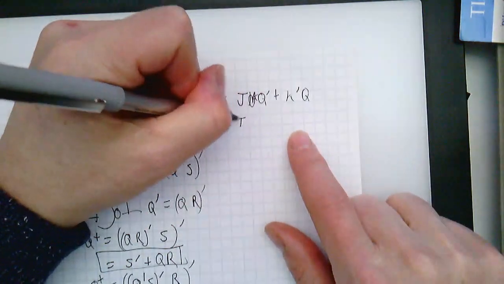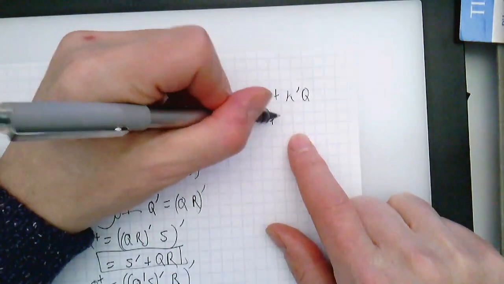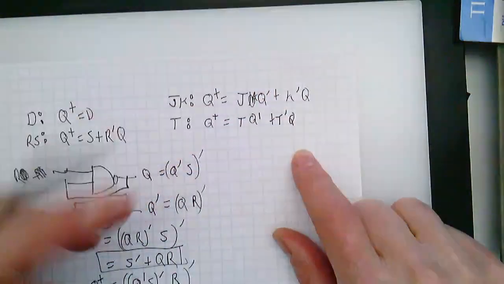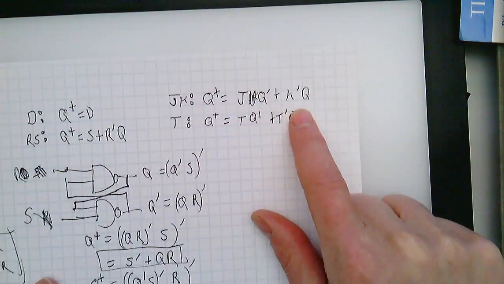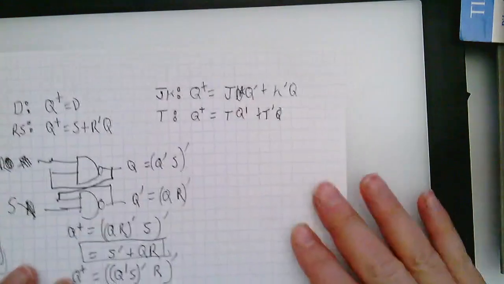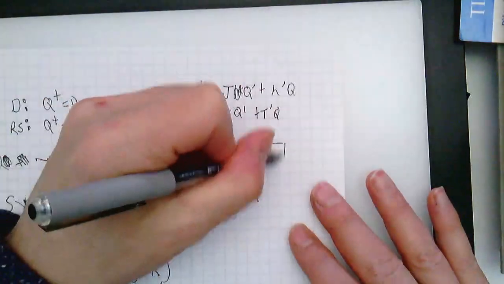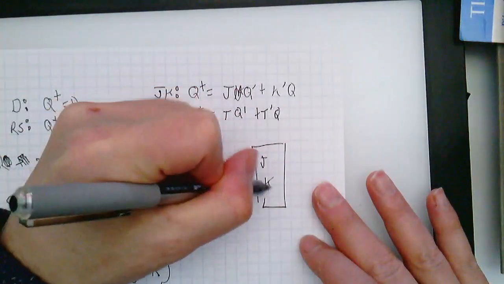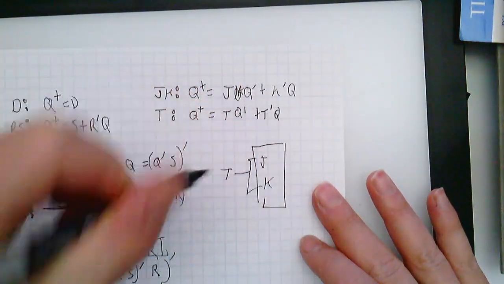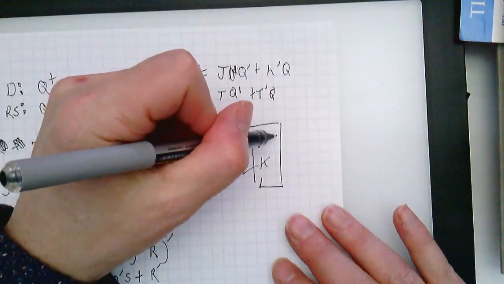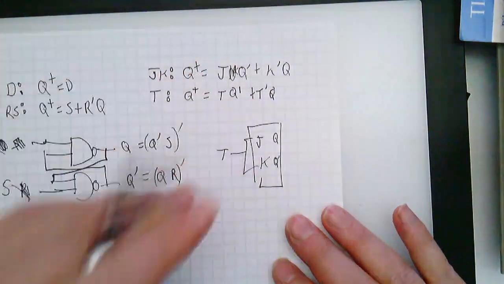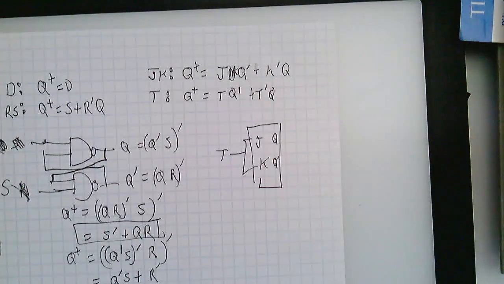It's going to be T Q prime or T prime Q. So if you set J and K equal to each other and call it T, then you've got a toggle flip-flop. And so you do that just by doing this. And that makes your toggle flip-flop happen. So that's cool.